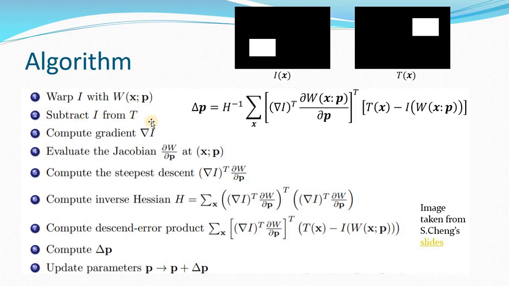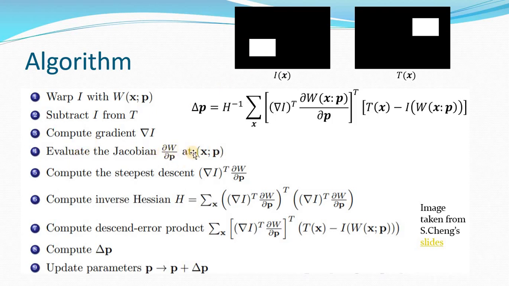But then you have to compute gradients of I, that is, you have to compute this del I. Now this takes a little time, because you should have a window which can take the x difference and y difference, and you have to convolve it over the image. So if the image is big, then it will take more time. There is something known as pyramids also that you can use, but this is time consuming.